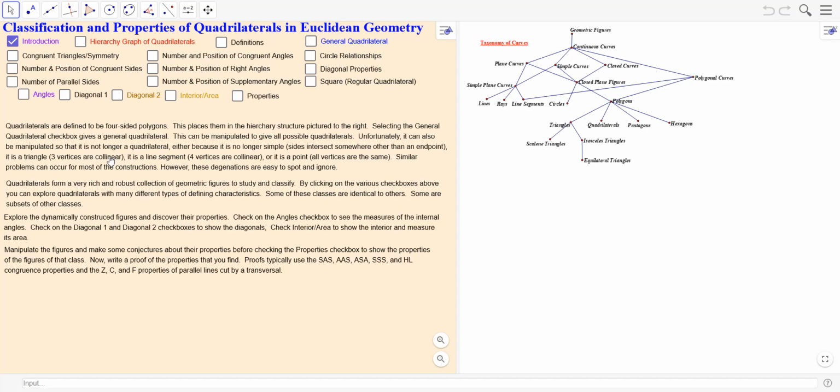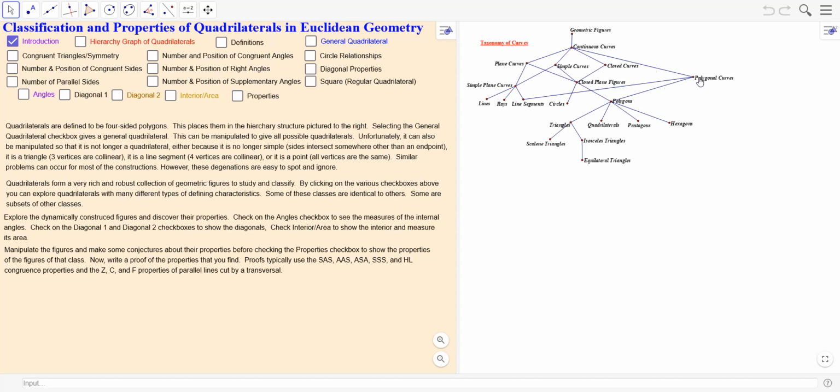So we start here with the introduction, and we see that quadrilaterals are defined to be four-sided polygons. And this places them within this hierarchy structure over here where we start with geometric figures, any set of points that we have. We have continuous curves, plane curves, simple curves, closed curves. If they are a simple closed plane curve, that's a closed plane figure.